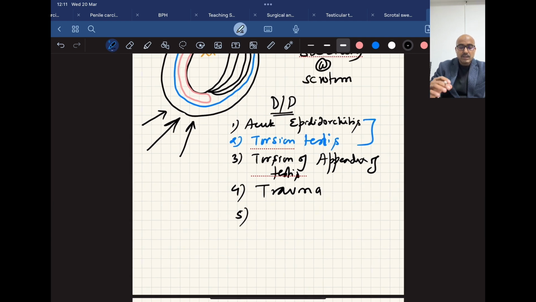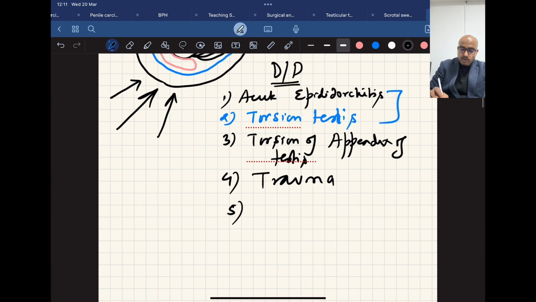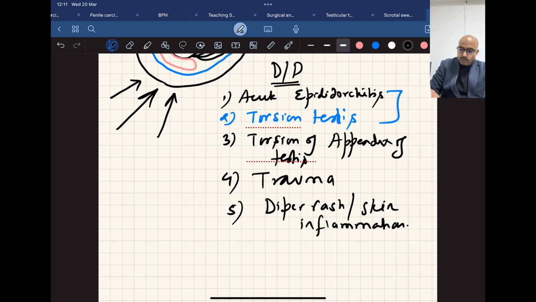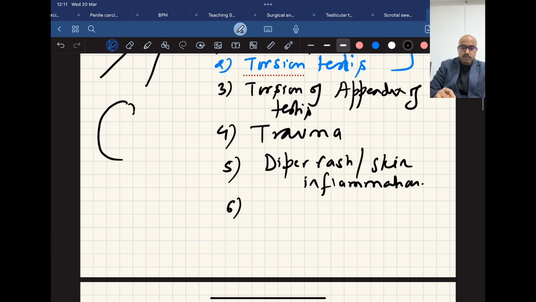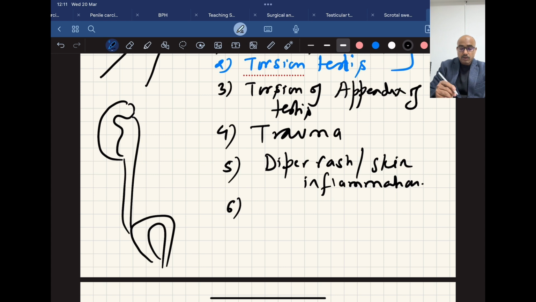there may be skin infection, like a diaper rash in the baby. So that one, okay, diaper rash, or any skin inflammation that may cause pain around the scrotum. And whenever there is a stone in the ureter, ureteric stone, that stone can have radiating pain towards the testis.